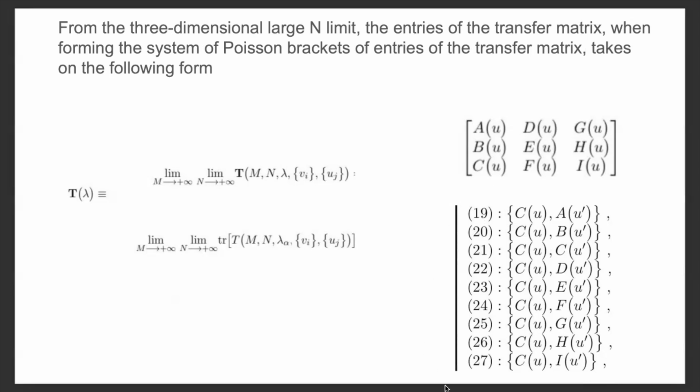From relations 19 through 27 within the entire 81 relations, we can see that when we hold one of the entries of the generic representation of the three-dimensional transfer matrix, C of U, this fixes the first argument of all these Poisson brackets which appear with C of U. But also then we can interpolate between all of the remaining entries of the three-dimensional generic representation of another transfer matrix that has parameters U prime in all of the entries instead of U, and that will constitute all of the remaining terms for the second argument of the Poisson bracket.